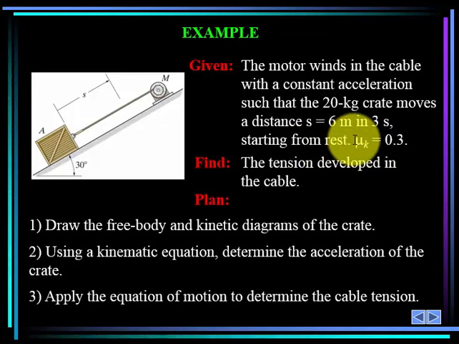It's generally larger than the kinetic coefficient of friction, and once the body starts to move, at that very instant, the coefficient of friction drops down to the kinetic coefficient of friction. We are presuming that this body will move, and therefore, during its motion, the kinetic coefficient of friction will be in effect. Our question is, what tension must there be in the cable?